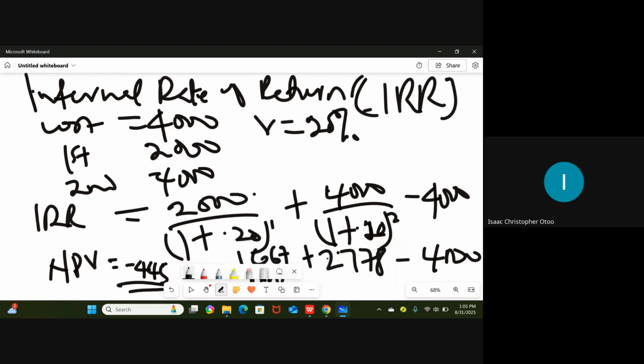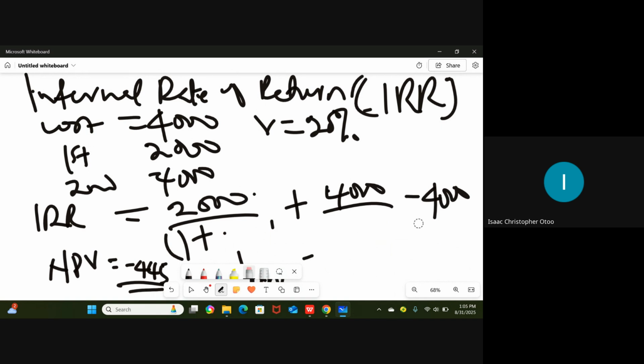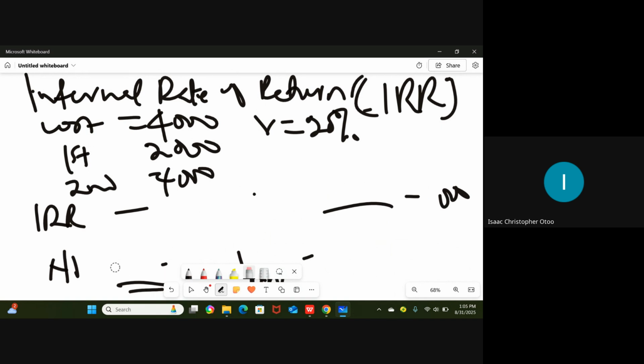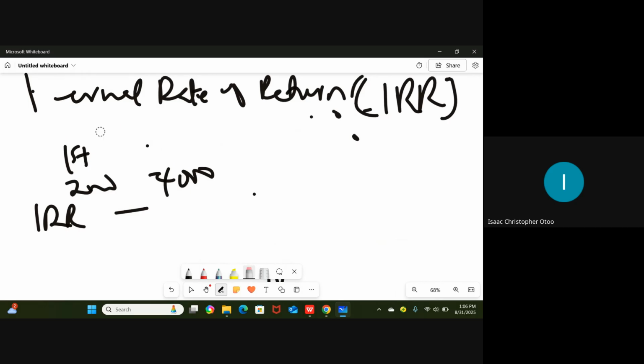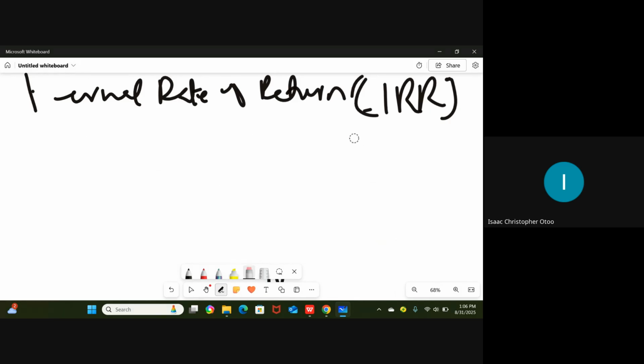The interesting thing about NPV is that, let me summarize it for you straight away. When you calculate, the question will be giving you these variables. Let me give you the variables. One, the investment cost.